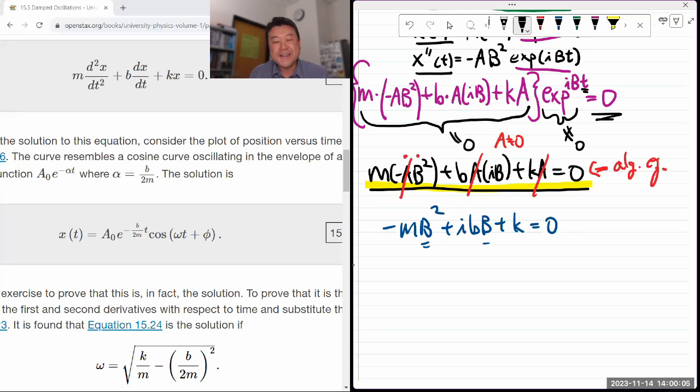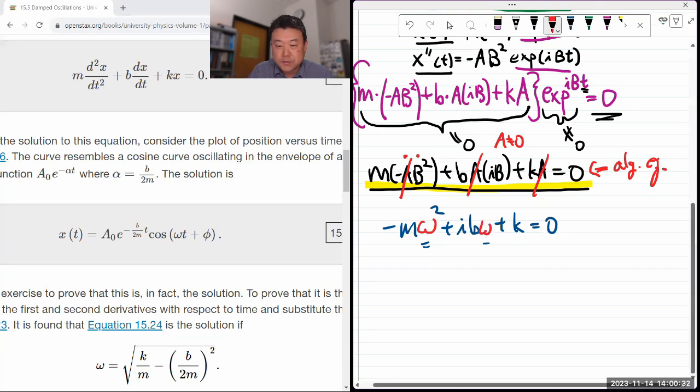Then I can solve for B, which is going to be this thing. Let me rename some of my variables, because the way I have my quadratic formula memorized, this is going to get really confusing. So everywhere I see b, I'm going to replace it with omega. That's what it's supposed to be anyway, the angular frequency of the oscillating thing.